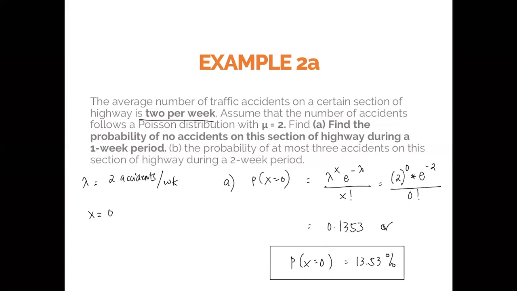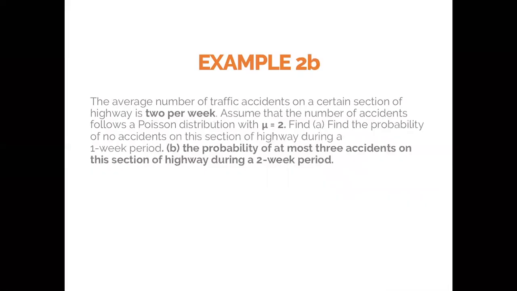Okay? Next question sa letter B. The probability of at most 3 accidents on this section of the highway during a 2-week period. Okay? So, same naman yung lambda natin na 2 accidents per week. Pero dito yung probability natin ngayon is at most. So, x less than or equal to 3.